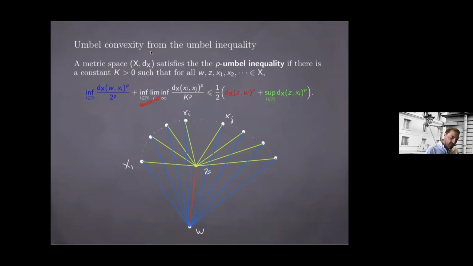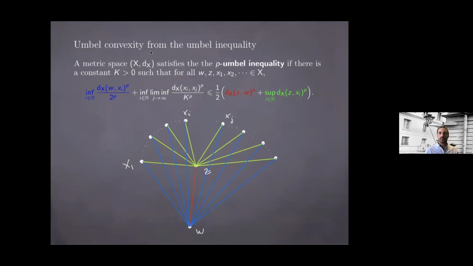Now, there is this term in the middle here. If you remove this term, the inequality is trivial just by triangle inequality and convexity. What makes this inequality non-trivial is the term that you squeeze in between.